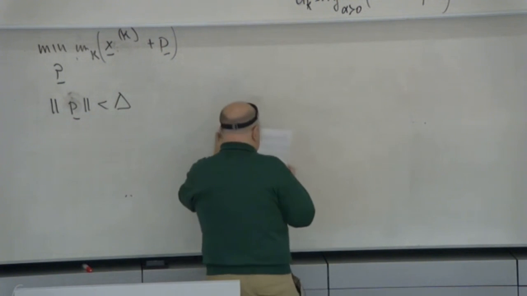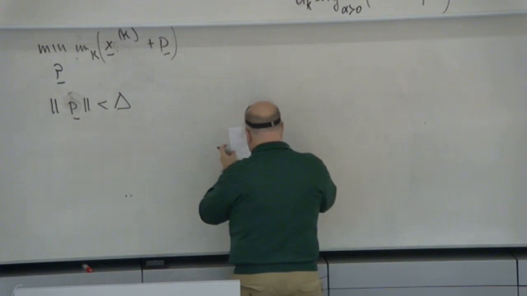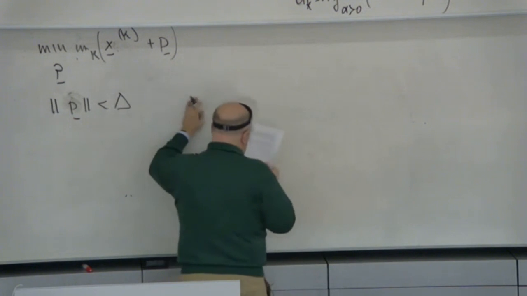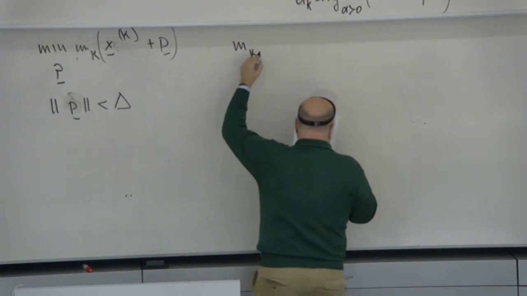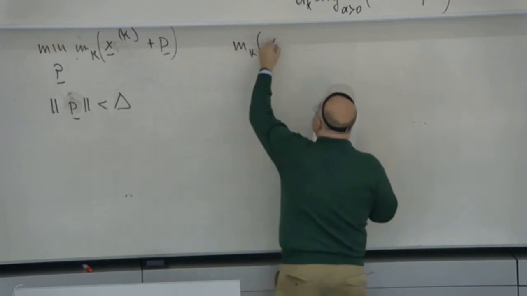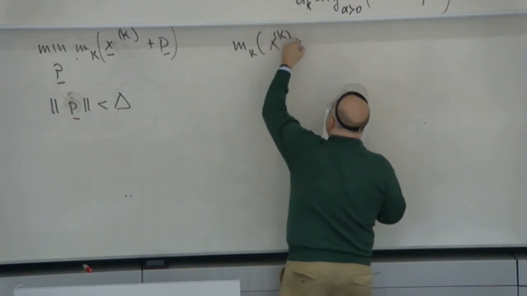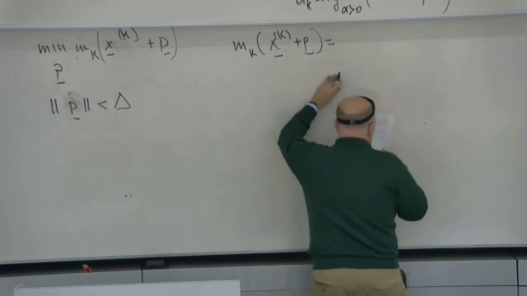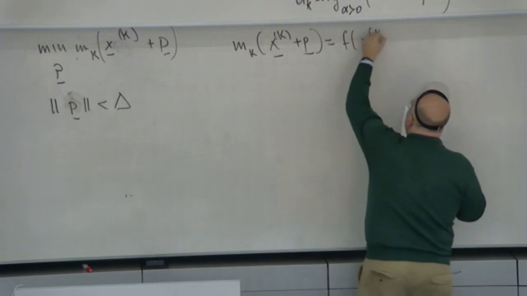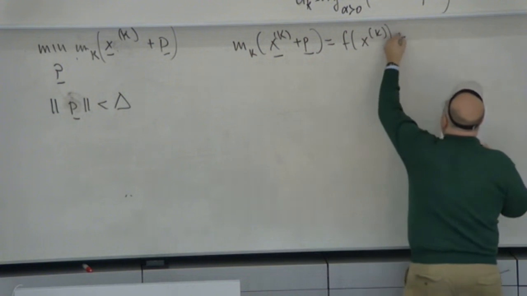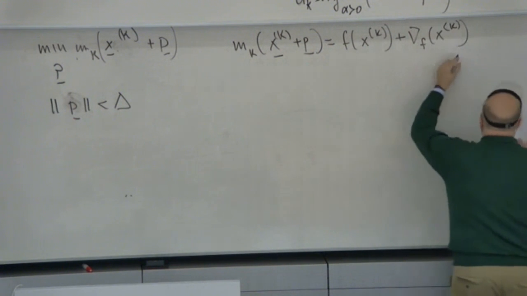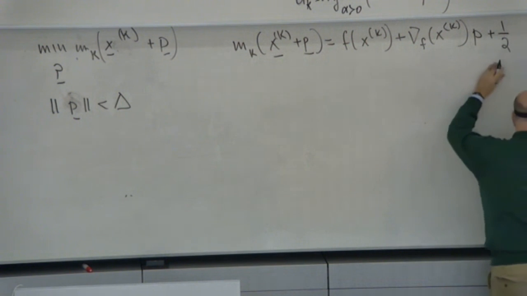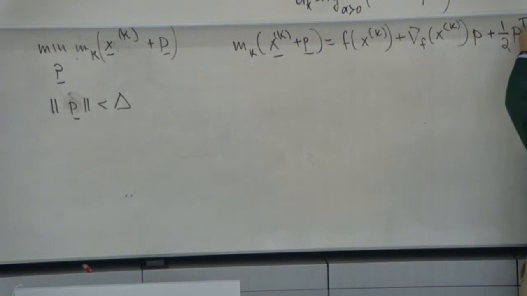And the idea is that the approximation of the function is something that must be close to it. And usually m sub k at xk plus p equals f of xk plus the gradient of f at xk times p plus 1/2 p transpose Bk p.